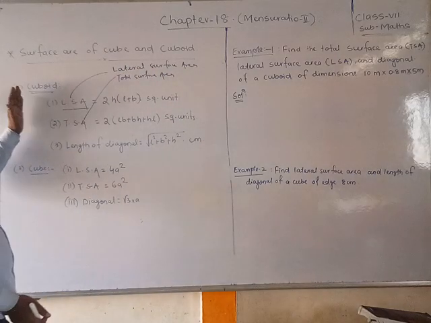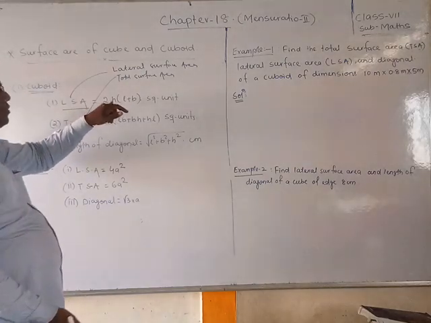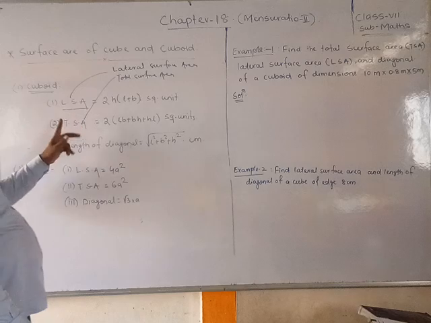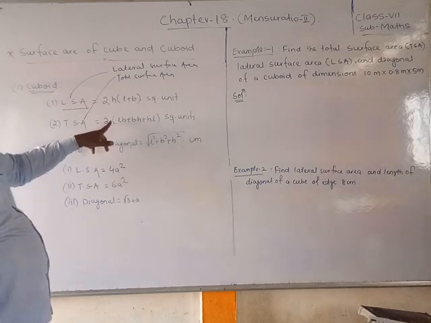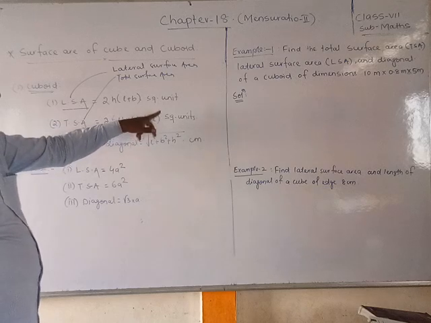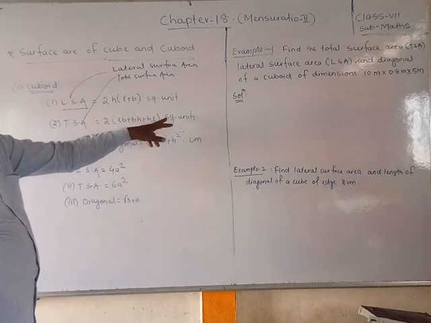For the cuboid, the lateral surface area is 2 into height, whole bracket length plus breadth, square units. The total surface area is equal to 2 whole, length into breadth plus breadth into height plus height into length, square units.